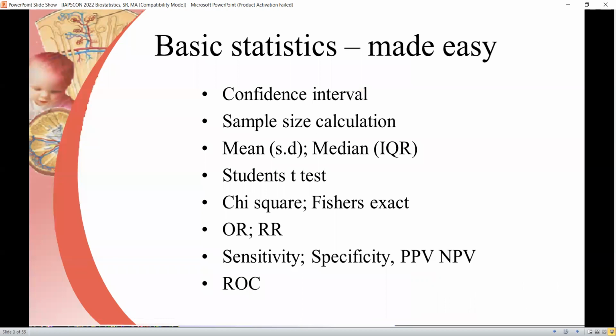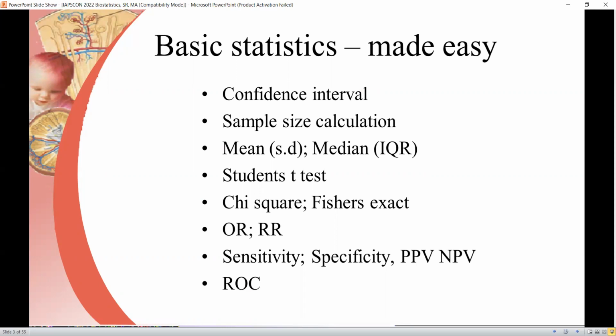I will tell you today about basic sciences, basic statistics, and how it is not as difficult as all of you might think. I just want to break that myth, that you can yourself do many of the statistics without the help of a statistician.